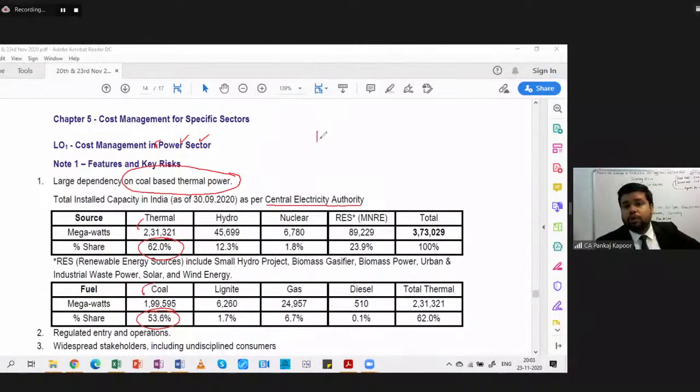So if we produce 100 units of electricity, 53.6 units are still produced with the help of coal. And coal is scarce in India, not only in India but in the entire globe. Coal is a non-renewable resource. Hence, we must shift to other sources of power. We must move to renewable energy sources.